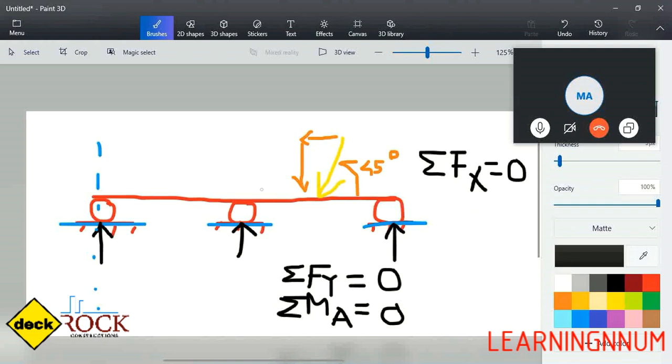The answer you said was correct, but there was no reasoning to support it. If reasoning is not there, whatever answer you tell would not make that much impact. So the reason is you have an external horizontal load. To counter that, you do not have any horizontal reaction.